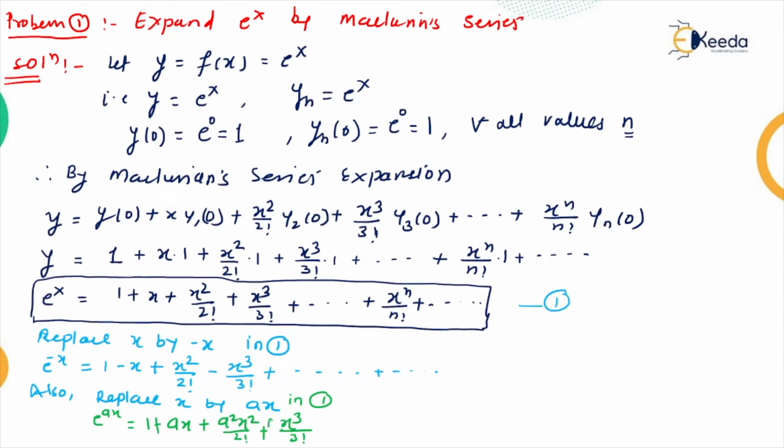If you write the nth term, it is a raised to n x raised to n divided by n factorial, and this is the series expansion of e to the power ax. So this is your result, the series expansion of e to the power x.